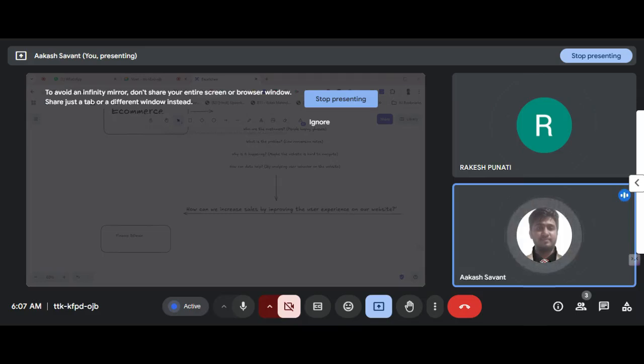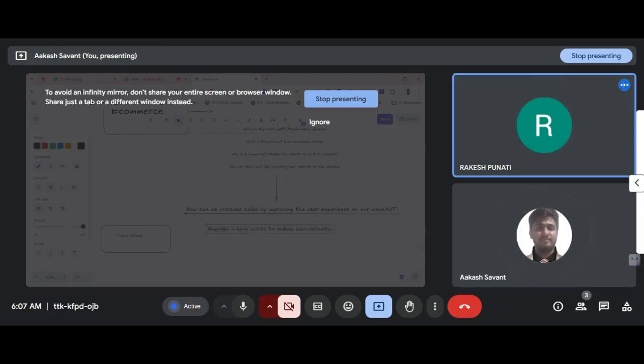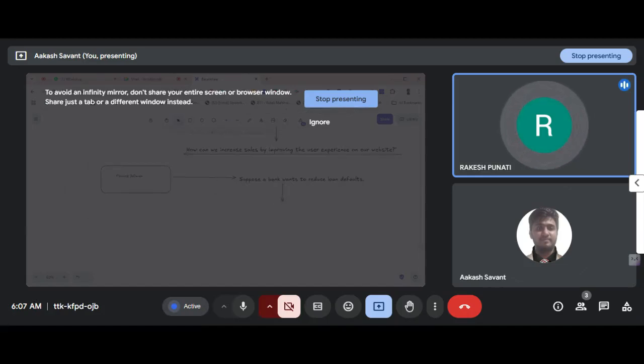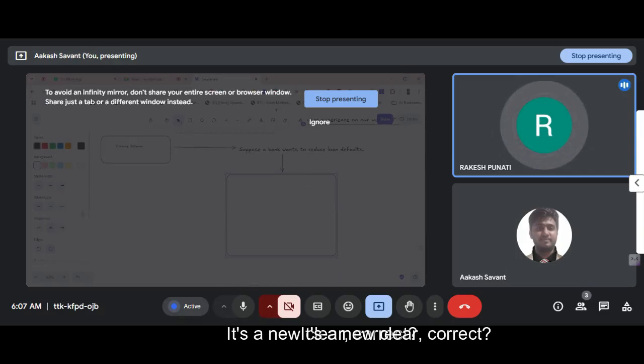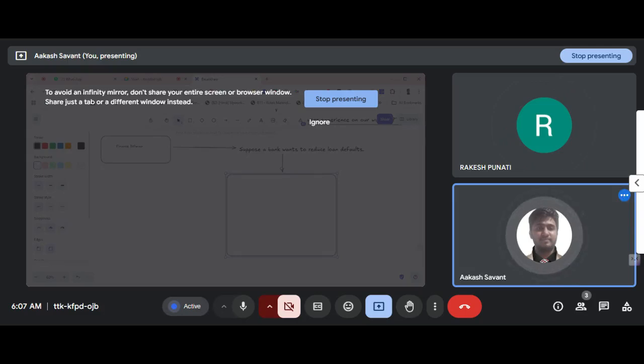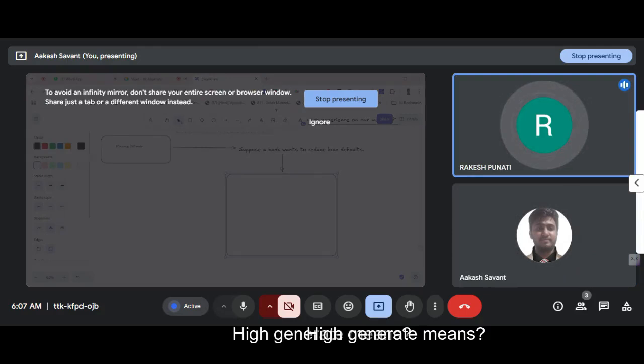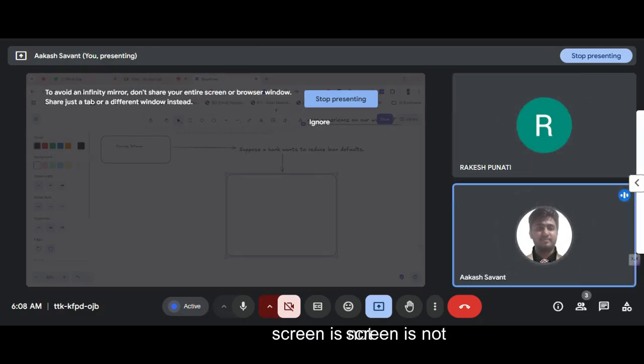As a data analyst, what are the questions that you would ask? No, I'm talking about default. Who borrowed the money? Suppose the bank wants to reduce the loan default. What are the things that you would ask to solve this problem?